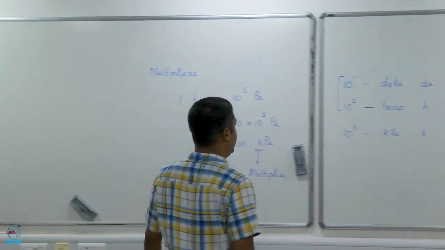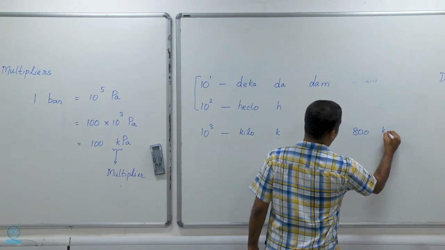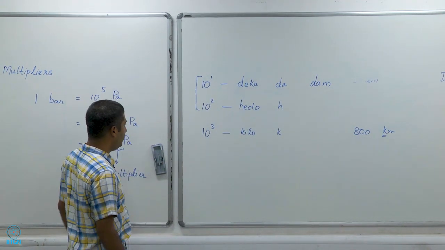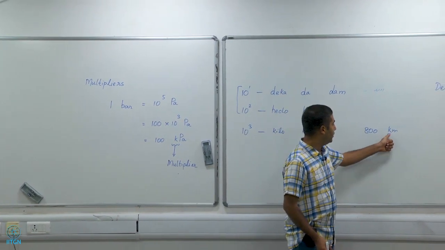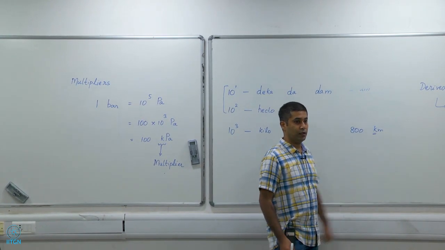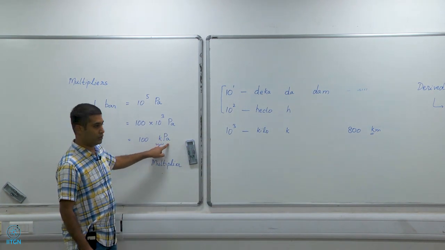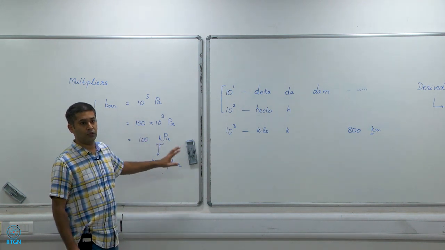So, we write 800 kilometers. Notice that there is no space between the K and the M, and there is also no space between the K and the Pascal. It is written just continuously. If you give a space, then it becomes something else.